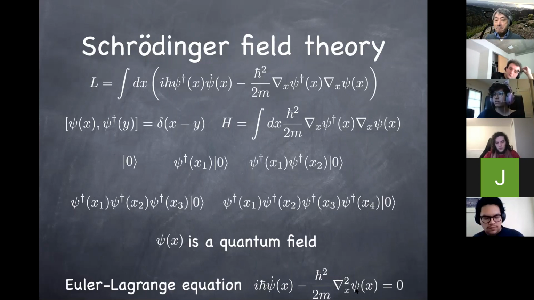That was the rationale behind the name second quantization, but that's not what we are doing here. You saw that psi of x was throughout this discussion always just a continuum version of the annihilation operator. I never did anything a second time. This is still the first quantization. So the resemblance is just a resemblance. This Euler-Lagrange equation of the field looks like the Schrödinger equation, but it's not.